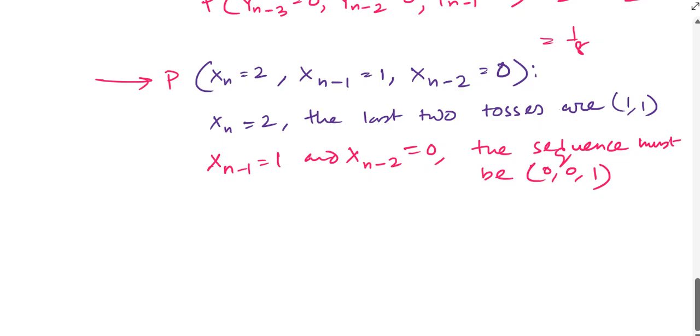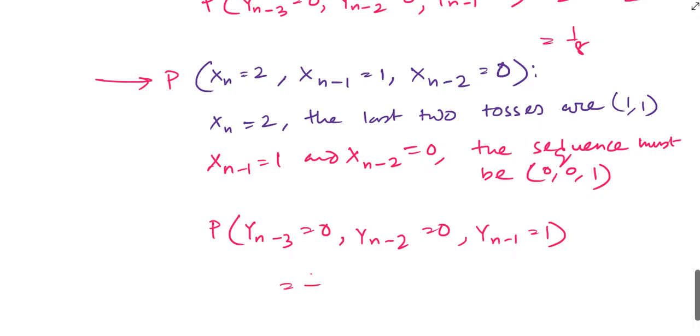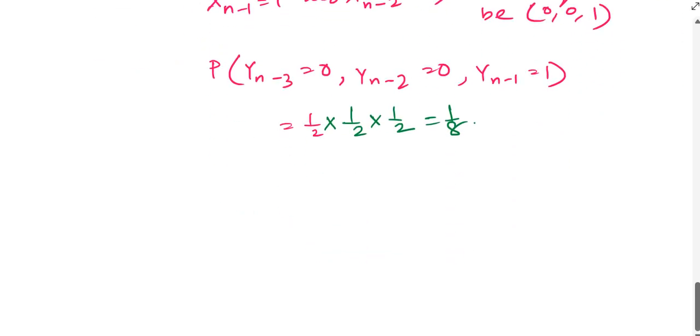So the probability for this sequence, probability of Y(n-3) equals 0, Y(n-2) equals 0 and Y(n-1) equals 1, is 1 by 2 into 1 by 2 into 1 by 2, that is 1 by 8.